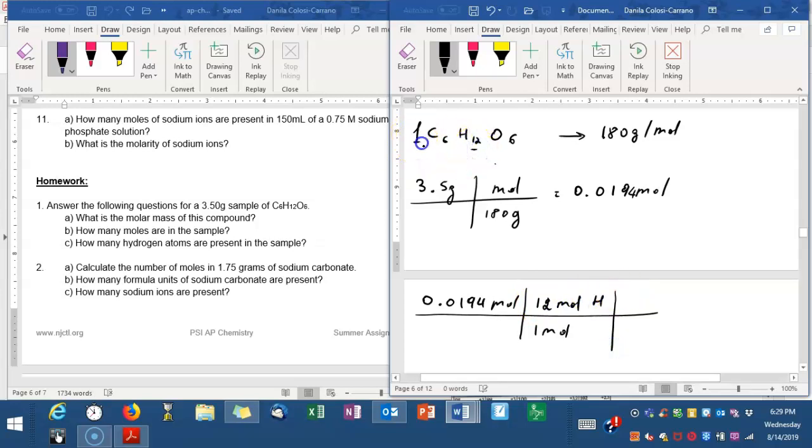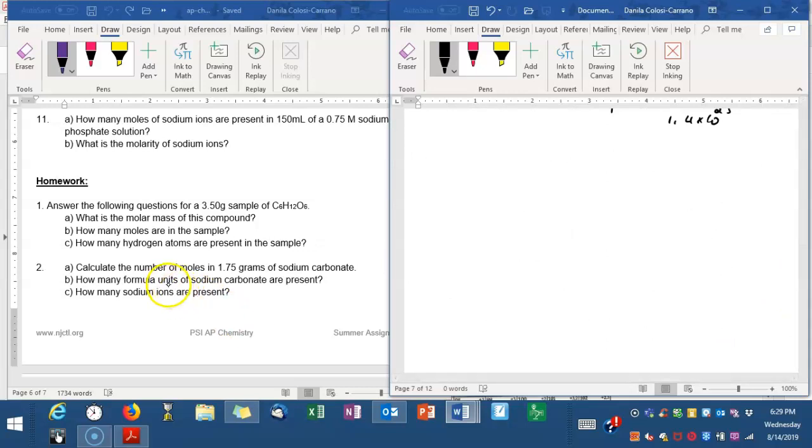For 1 mole of this, you have 12 moles of that one. And for every mole of the hydrogen, you have 6.022 times 10 to the 23rd atoms. Okay, so those are the atoms, and it should be 1.4 times 10 to the 23rd atoms.